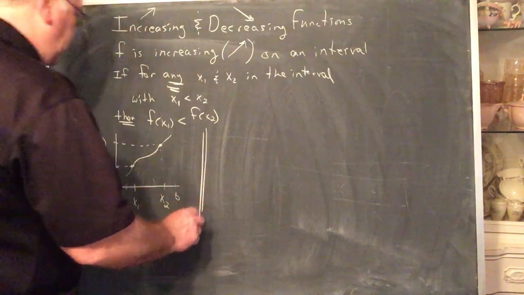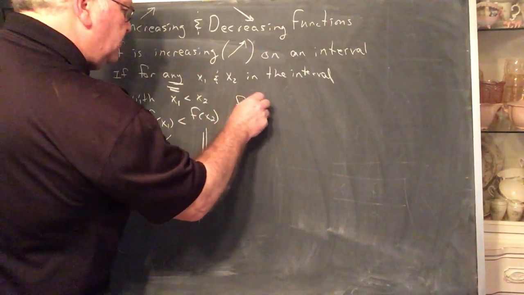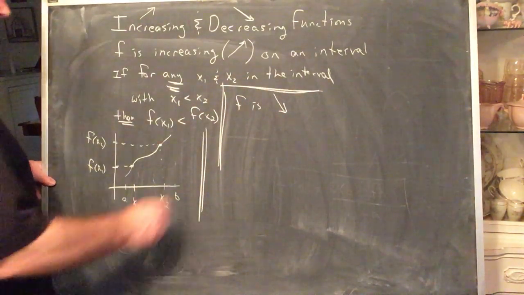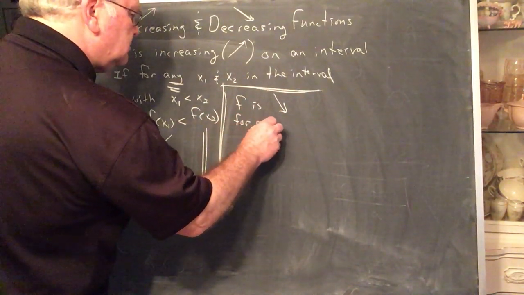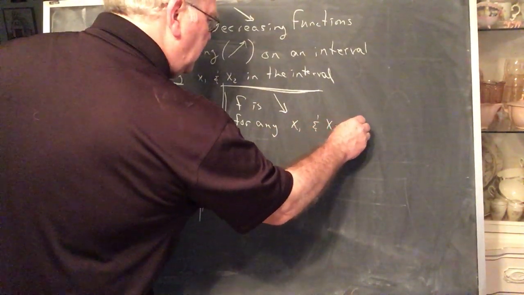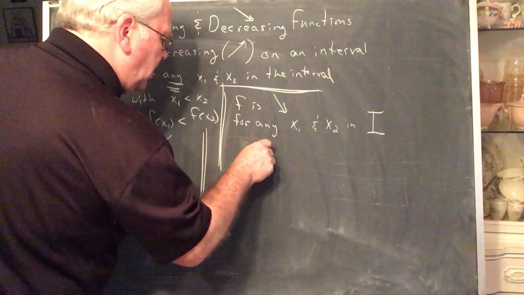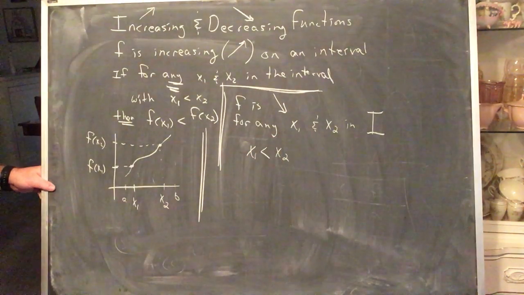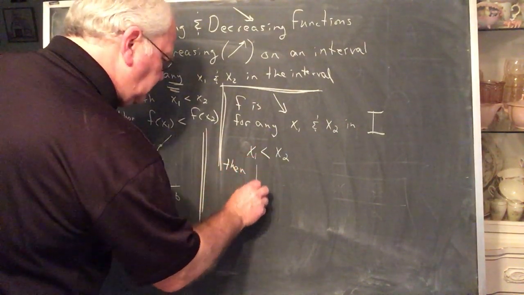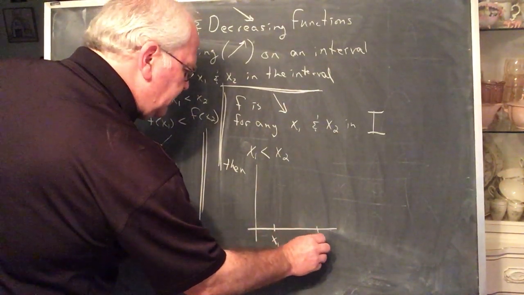Decreasing is defined similarly. It says, f is decreasing if for any x1 and x2 in the interval I, and again, let's assume that x1 is still less than x2, then this is x1, this is x2.